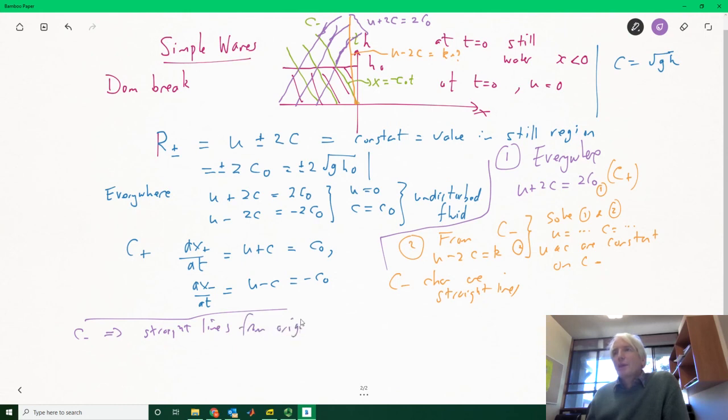They're straight lines because they can't start anywhere else, because there's no fluid here for them to come from. But they start from the origin. It's like an expansion fan fanning out here. Here's the next one coming down like that. So what do we know about those straight lines? We know that x over t is equal to u minus c, which is u minus the square root of gh.